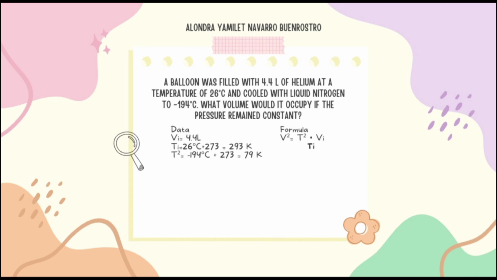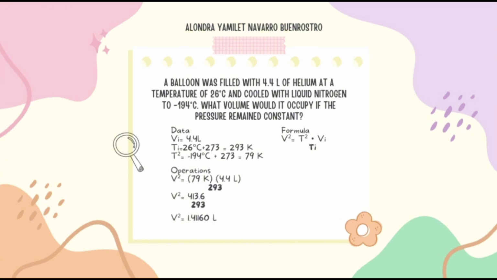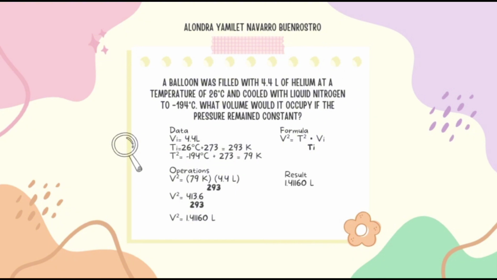Now we will replace the data. Final volume is equal to 79 times 4.4 over 293, leaving final volume equal to 413.6 over 293, resulting in the final volume 1.411.